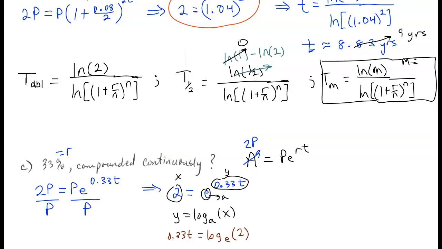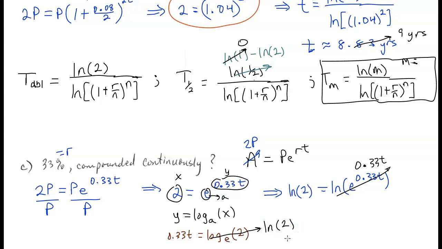If I did it the more traditional way of just taking the natural log of both sides, I would have natural log of 2 is equal to natural log of e raised to the 0.33t. And note again that anytime I have natural log of e raised to something, it's going to be equal to whatever that something is. So my point here is that we still get to the same place, because log base e of 2 is the same as natural log of 2.